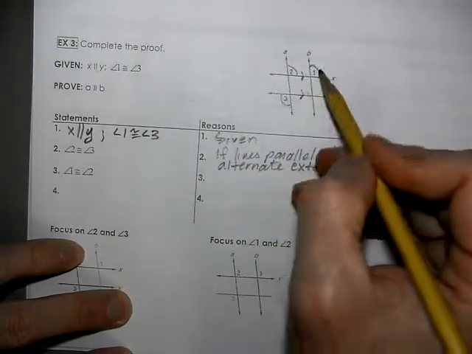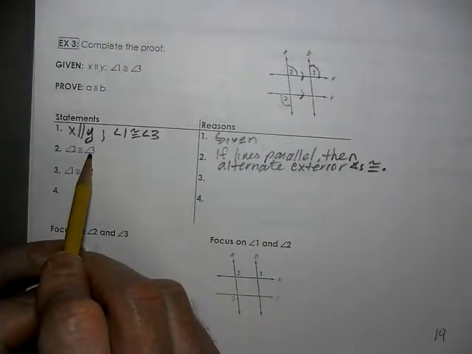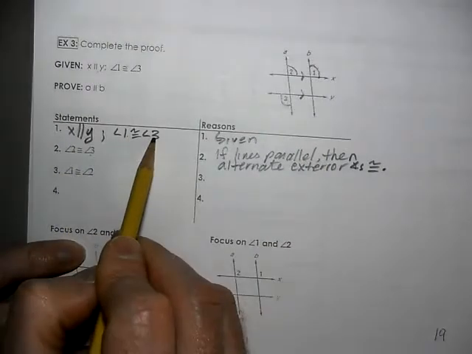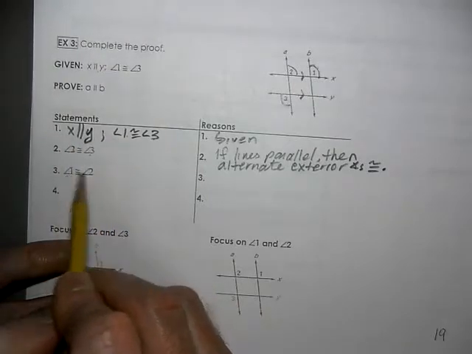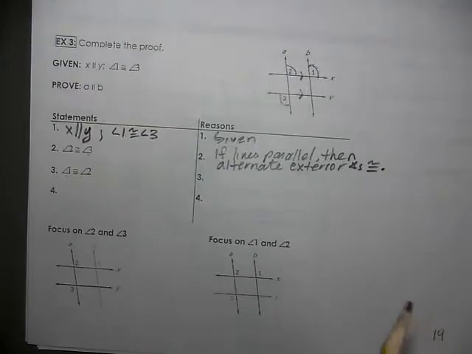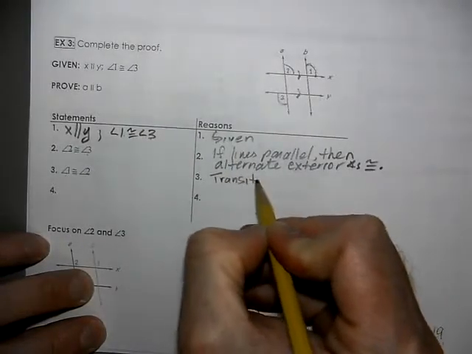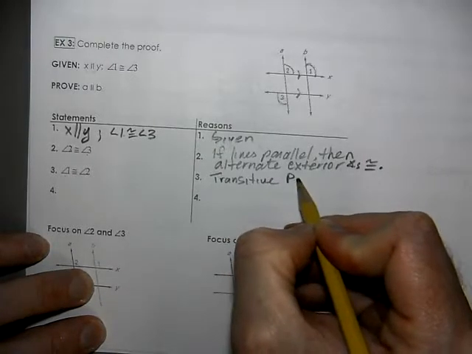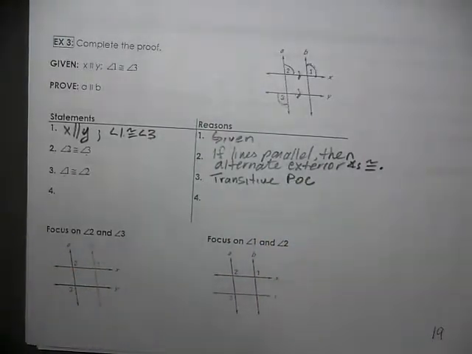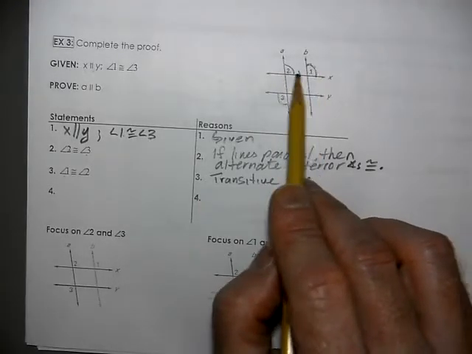We already know that 1 and 3 are congruent. So 2 and 3 are congruent, 1 and 3 are congruent, so now I know that 1 and 2 are congruent. What allows us to say that? Transitive property of congruence. Okay, now we know that 1 and 2, and what type of angles are these?